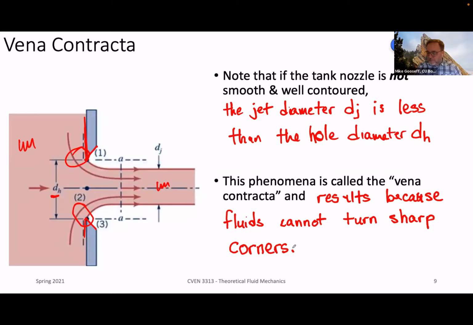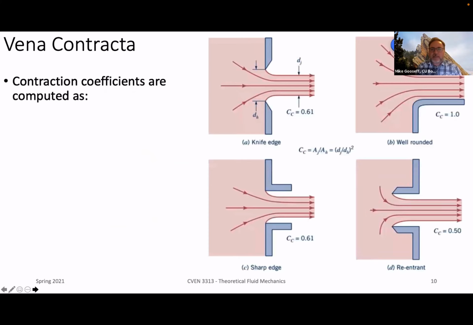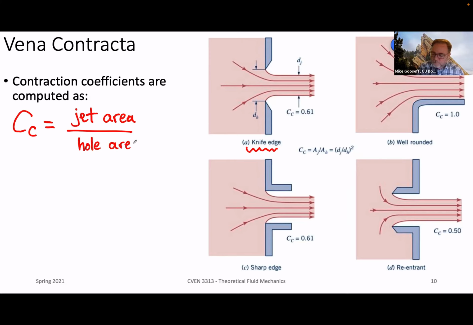So what do we do about this? Well, it turns out that there is a way of predicting, more or less, what this impact is going to be. And so here are 4 cases on the right-hand side. We looked at the top left one, what we call a knife edge, on the previous slide, and we calculate something called the contraction coefficient, C sub C. That's equal to basically the jet area, not diameter, divided by the hole area.